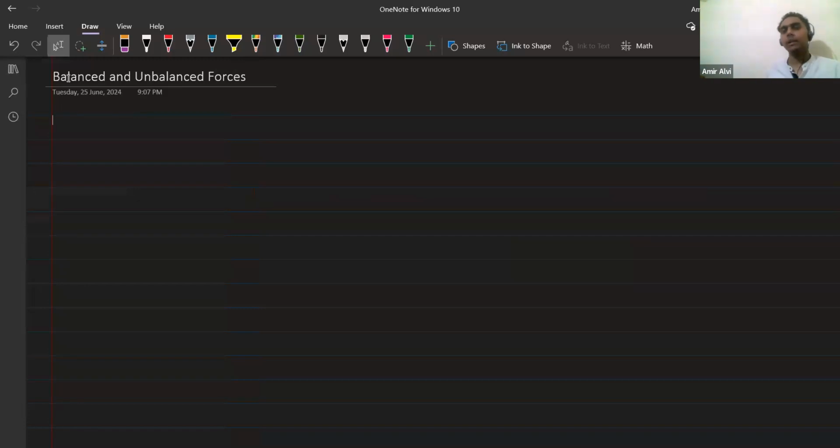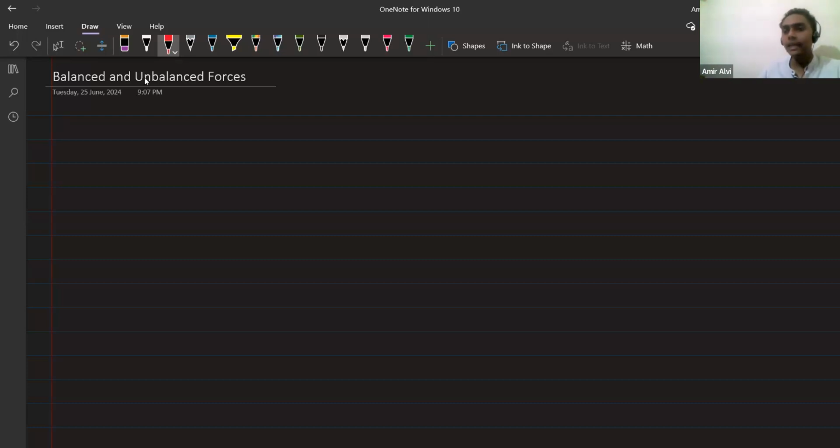Okay, balanced and unbalanced forces. So basically two types of force that we will discuss are balanced and unbalanced. As you can suggest from the name, these are the types or characteristics of the force. In balanced forces, in a very general manner, all the forces are balanced.